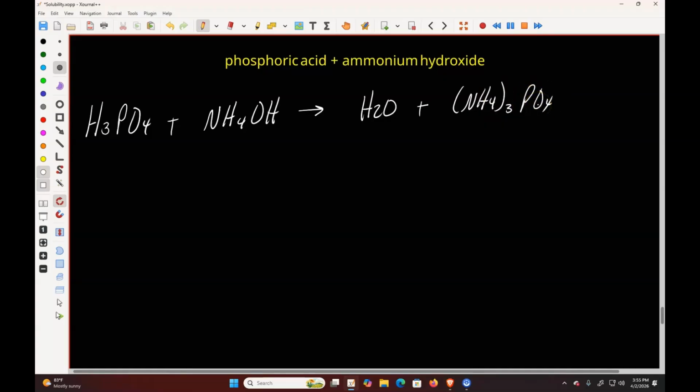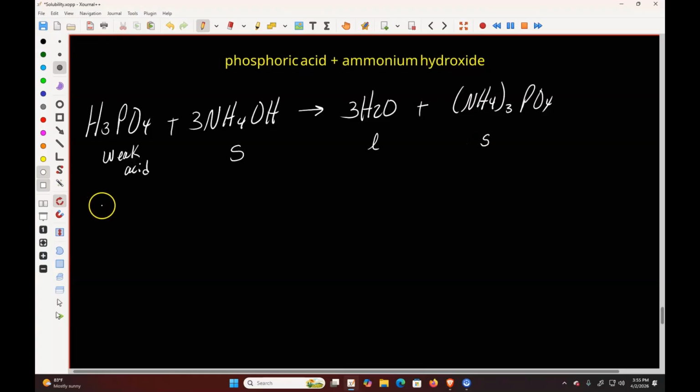Okay, let's balance this. There's 3 here, 3 there. Okay, so I have a weak electrolyte or weak acid. This is soluble, this is going to be a liquid, and this is soluble.